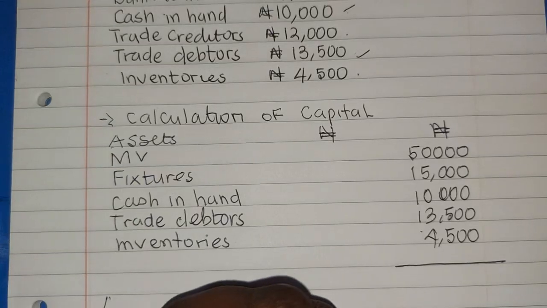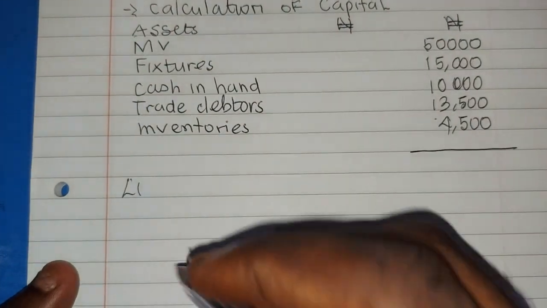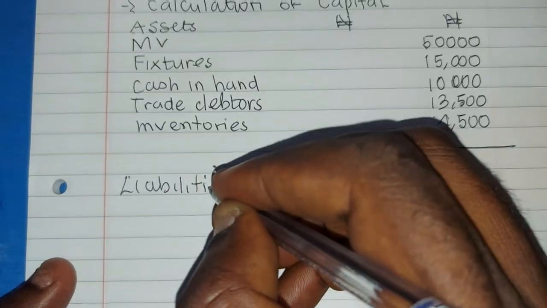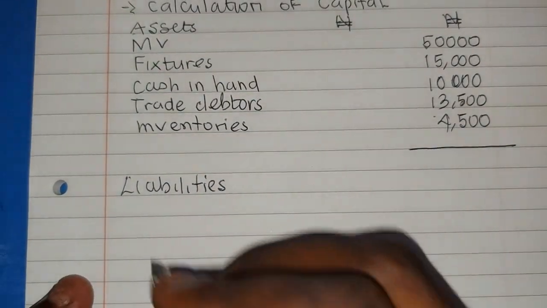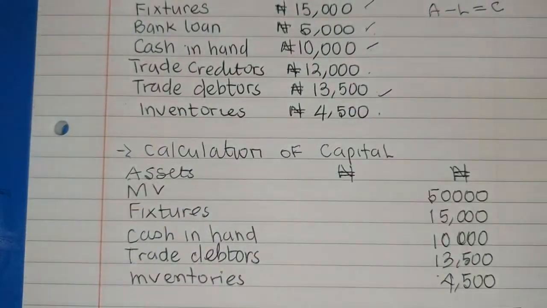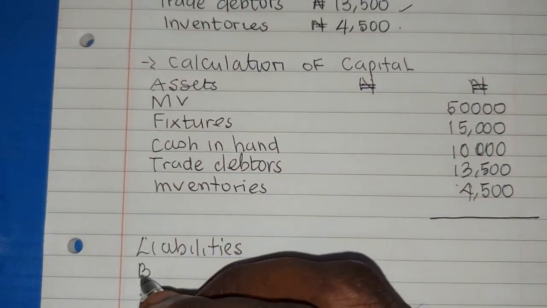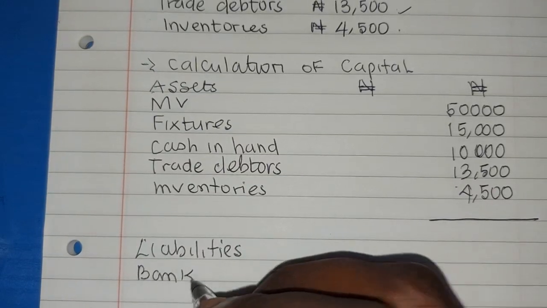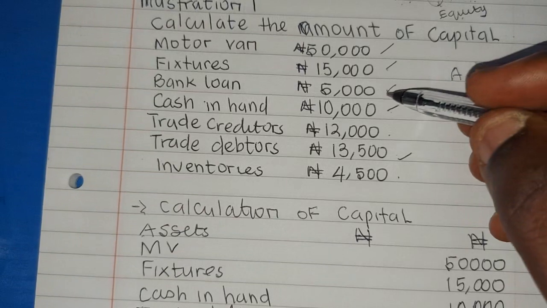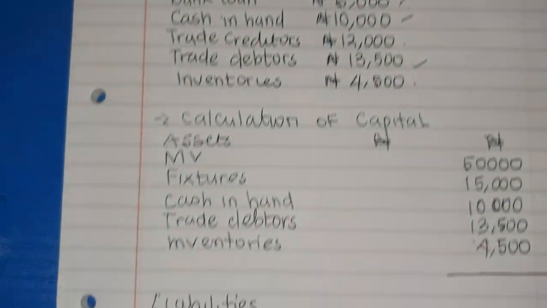Then we have our liabilities. Write your liabilities. All right, so under the liabilities, we have the bank loan. So how much is the bank loan? The bank loan is 5,000.